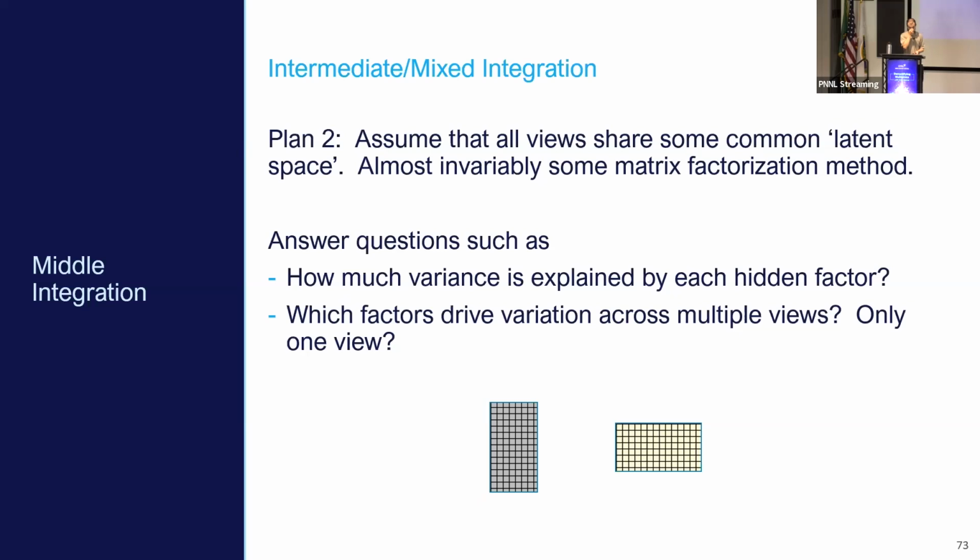One of the nice things about latent space methods, these matrix factorization methods, is you look at the factors, and someone with domain knowledge can take a guess about, okay, this is the factor that is driving variation in, say, proteomics. It weights heavily on certain features that I know something about, and you can use your domain knowledge to say what about the biological system that factor is capturing.